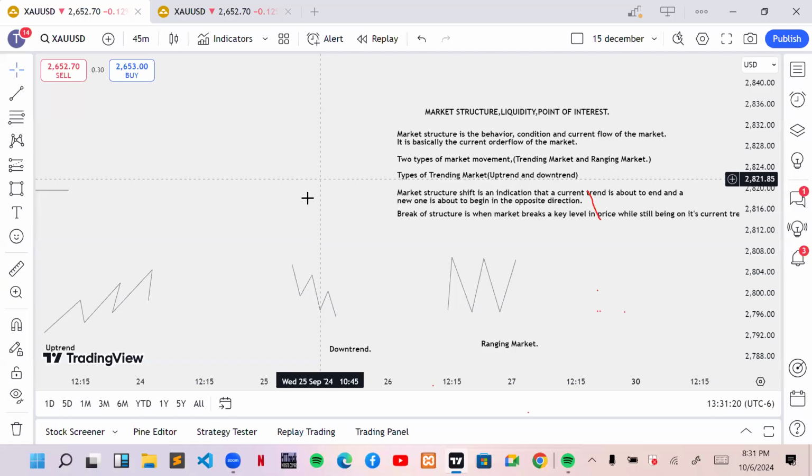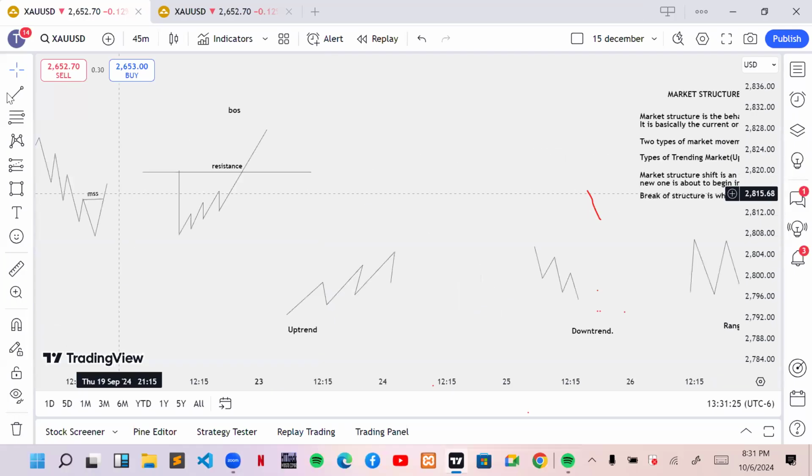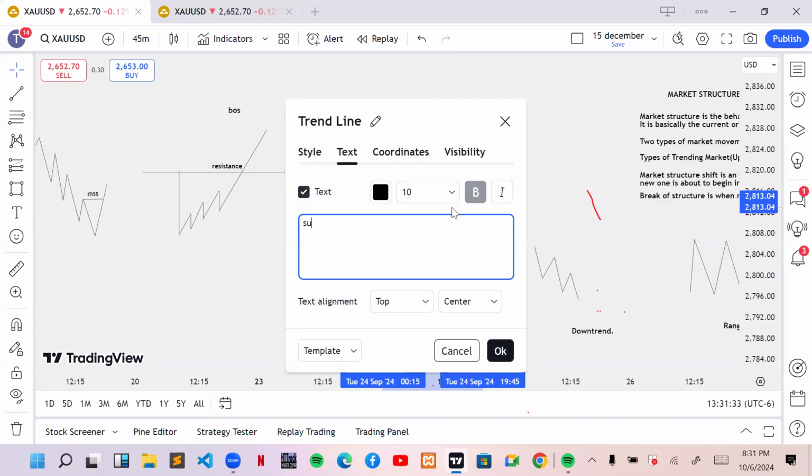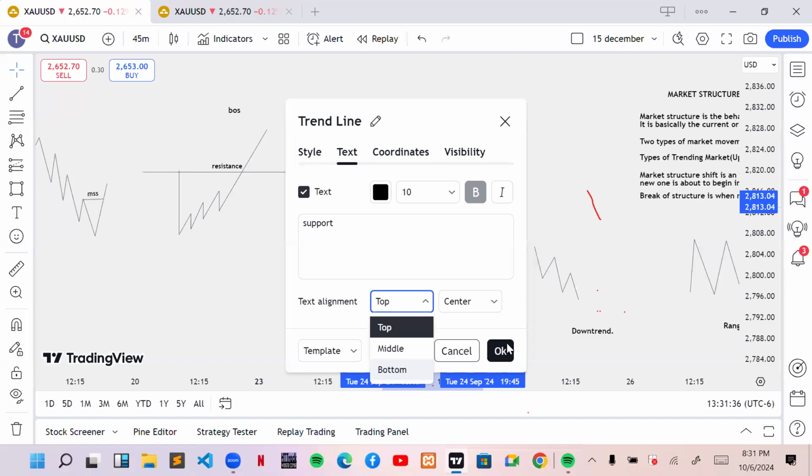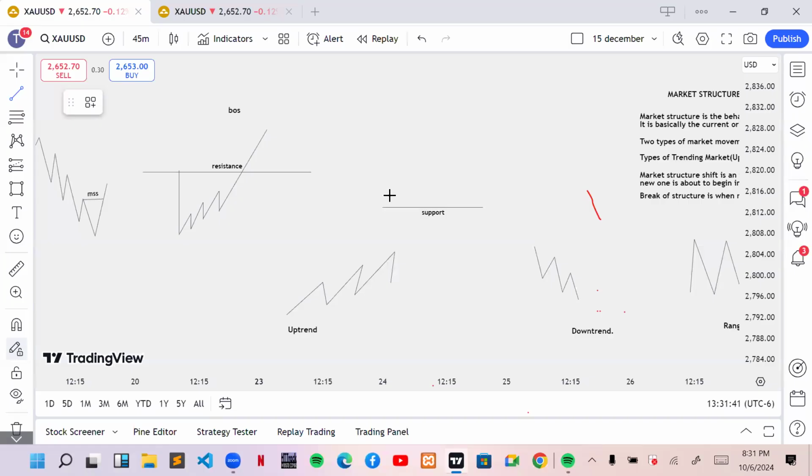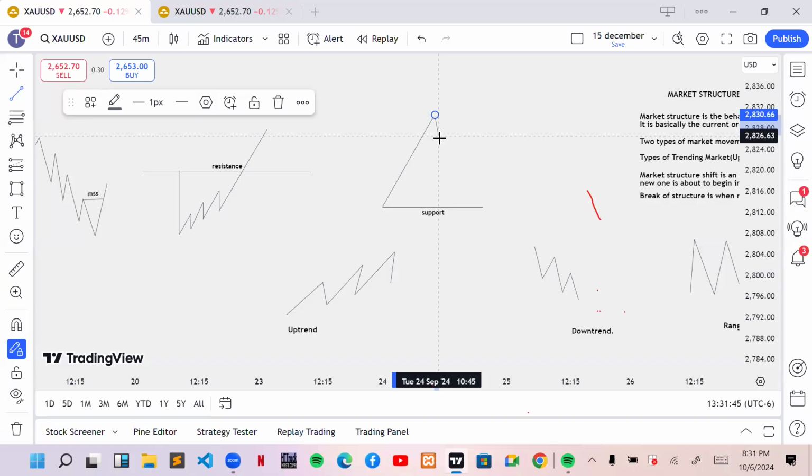So this is the break of structure for the market being on an uptrend. Then this should be the one for the market being on a downtrend. Let's assume that this is a support zone, and the market was on a downtrend, that is lower highs and lower lows.